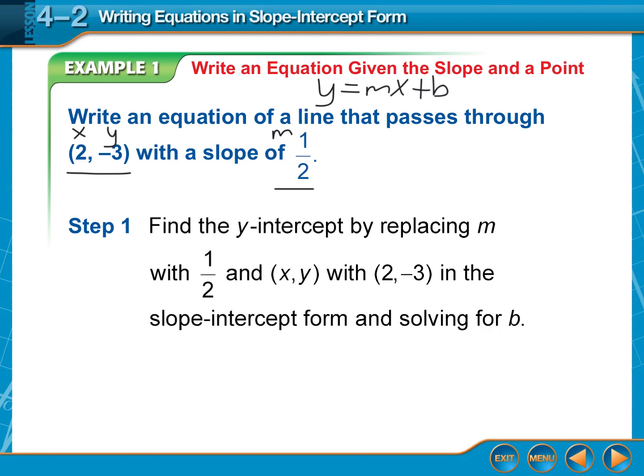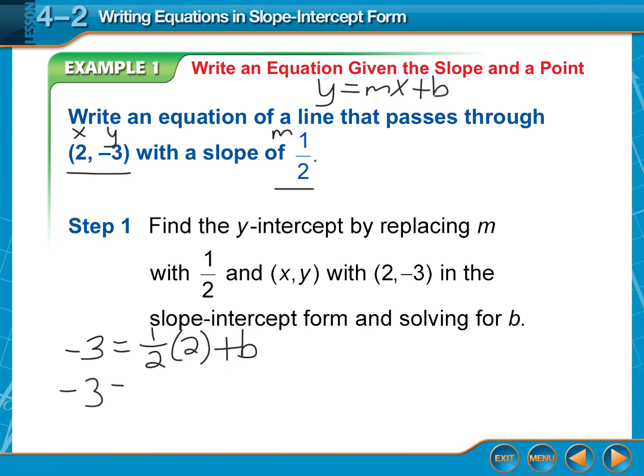So the reason we labeled is because we're going to plug in what we have. So what did I say y was? -3. Y is -3 equals, what's our slope? Slope is 1/2. Our x is 2. And then we don't know what b is, so we're just going to put plus b. Okay? Now we just need to solve for b. So let's simplify.